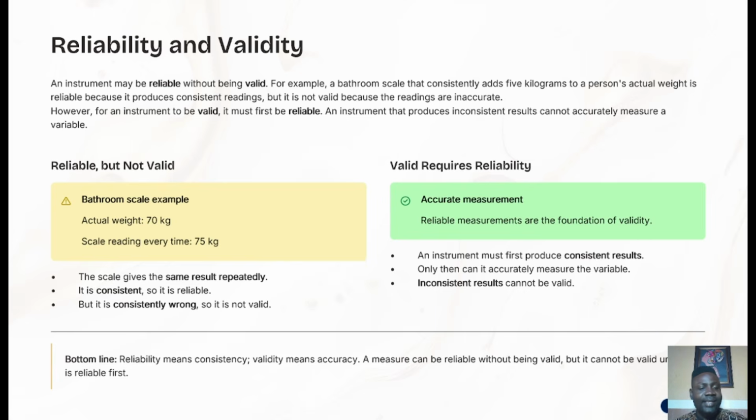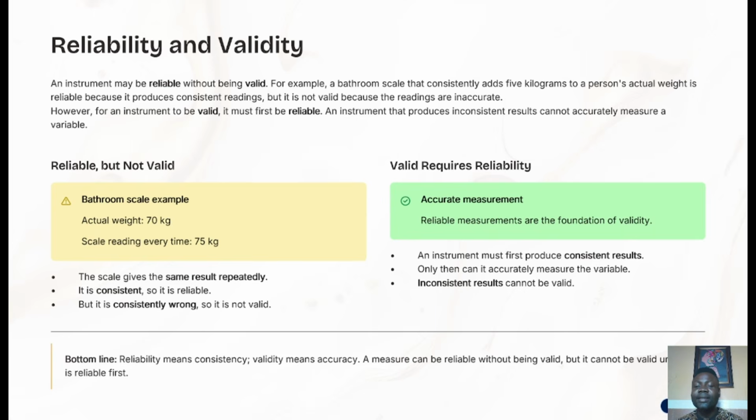So giving the same result repeatedly is reliability, but giving the accurate result is validity. So the scale that is adding 5 kilogram is consistently wrong, but it is not valid.